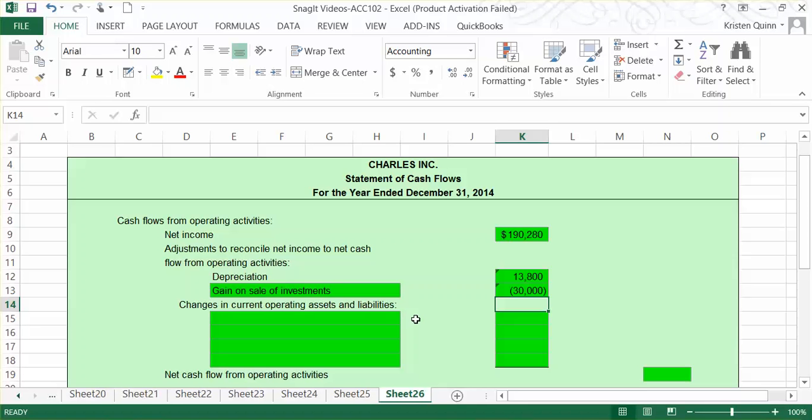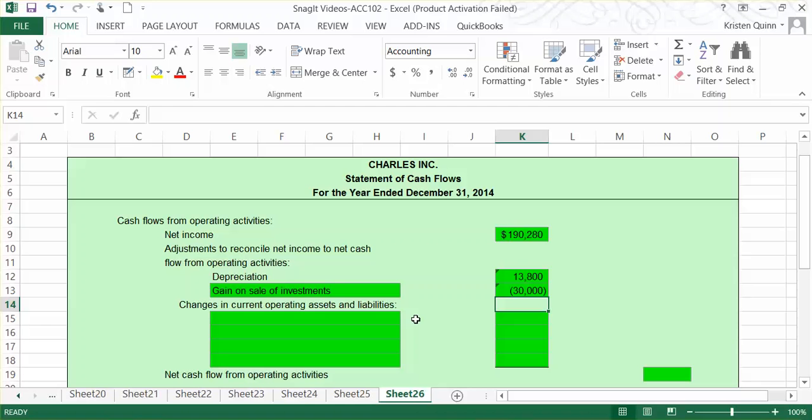We can now move on to the changes in our current operating assets and liabilities. Remember, we do not compare the change of cash at this point in time. So we'll start with our accounts receivable. It tells us that last year it was $156,720, and this year it's $170,880.